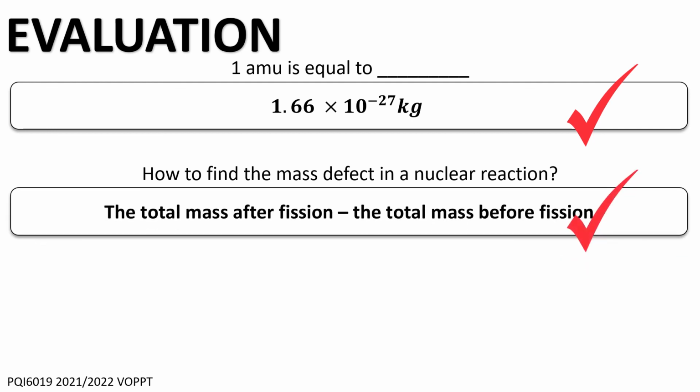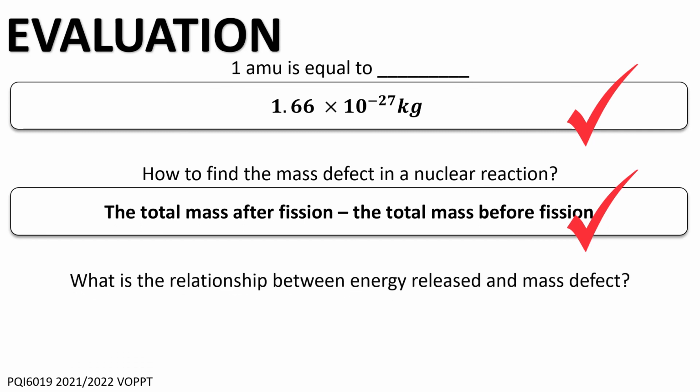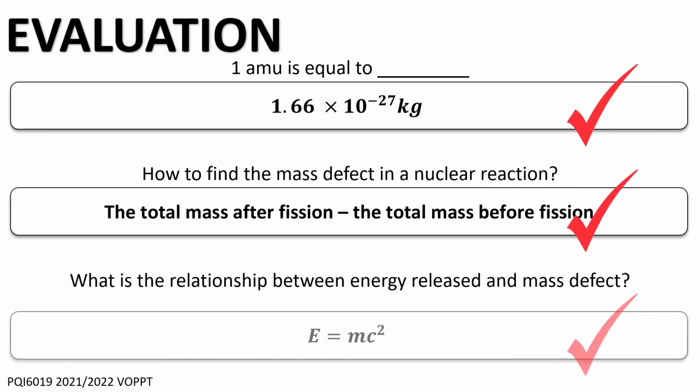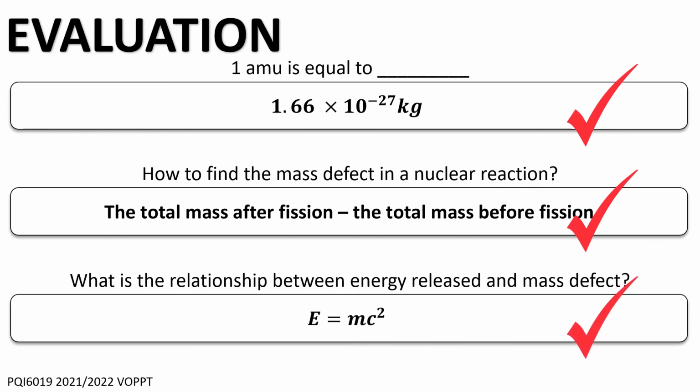Yes, to find the mass defect, the total mass after fission minus the total mass before fission. The last question will be, what is the relationship between energy released and mass defect? You're correct. E is equal to mc squared.